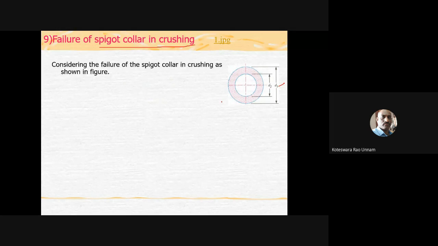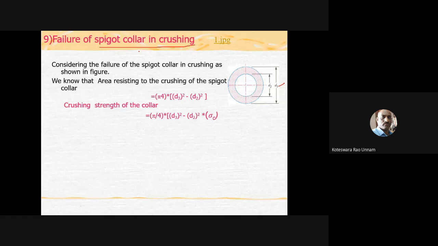So now failure of socket collar in crushing. For that we need to calculate the crushing area, which is the area in contact with the cutter. You can see clearly it is a hollow circular cross section.